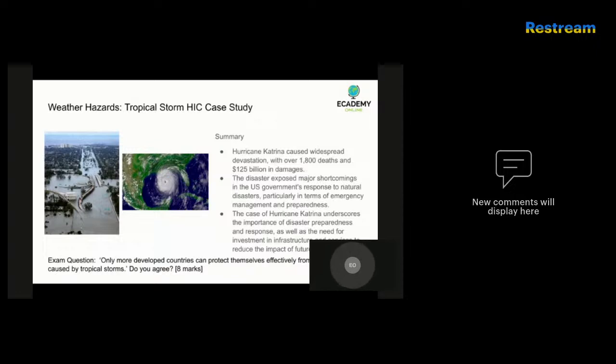So Hurricane Katrina was an extremely tragic event that continues to have a lasting impact on people living in New Orleans in particular. And it serves as a reminder that if you are not well prepared, then the consequences can be quite devastating.